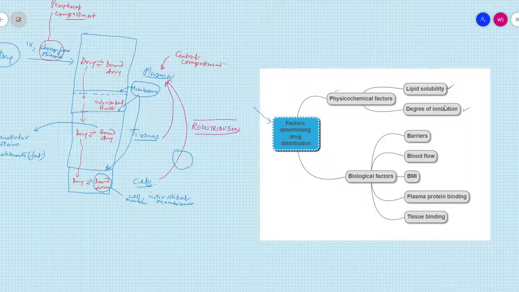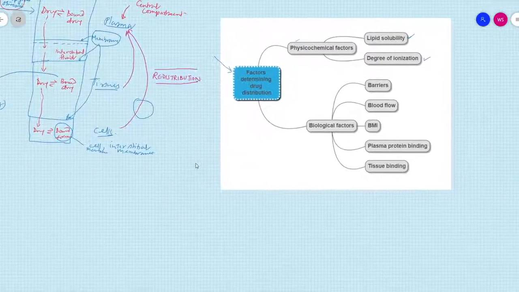In one of the previous lectures, we had a discussion of these two factors. Okay. The important thing to remember here is that only drugs which are sufficiently lipid soluble would be able to cross the membranes. And then the degree of ionization: highly ionized drugs will not cross the different membranes.